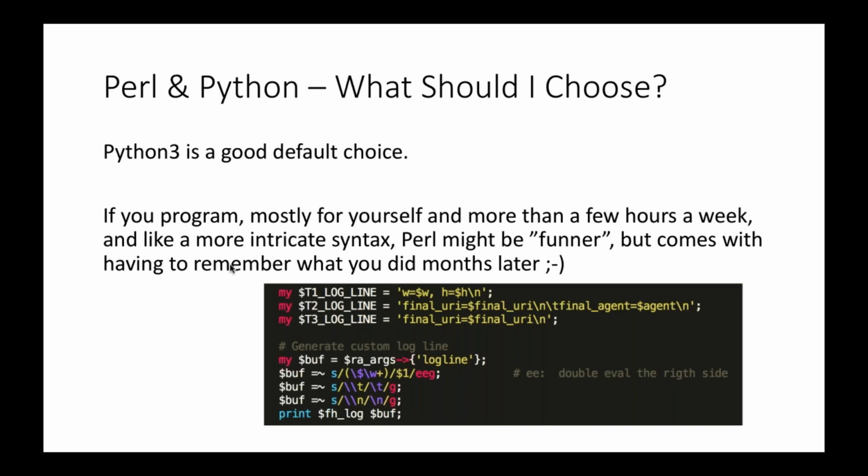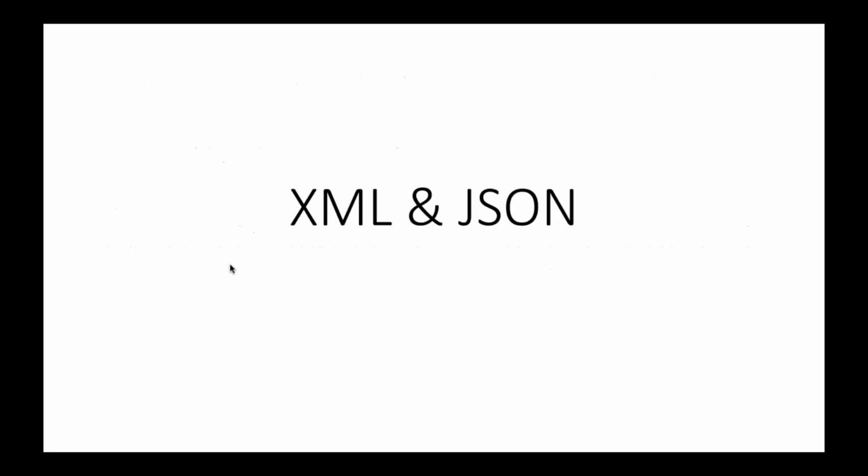But if you look at this, some of it looks a little bit like Greek, and the Python equivalent might have been a lot longer, but it would have been easier to read. So Python 3, great first choice, easy way to do it. Perl's a little funner, but unless you work with it all the time, you come back and look at your script and you're like, well, what was I trying to do? So good to know about both of those languages.